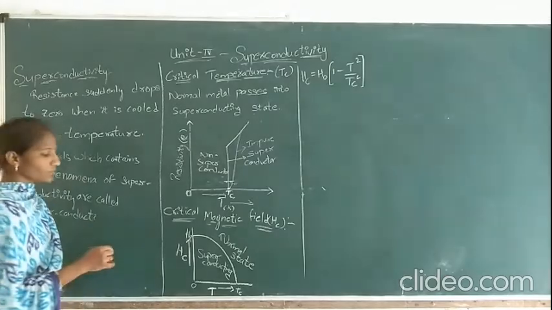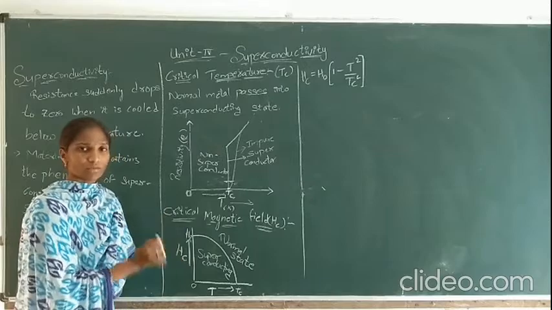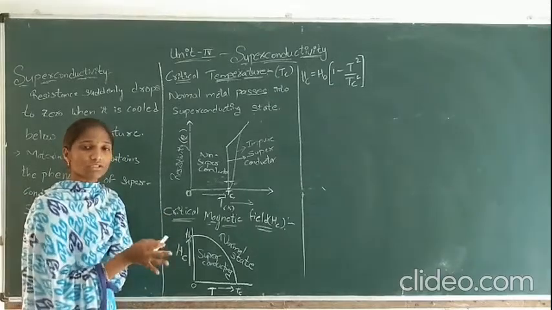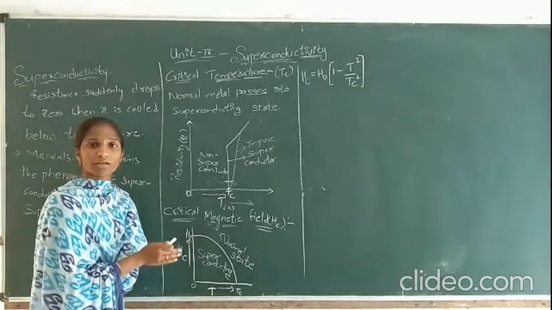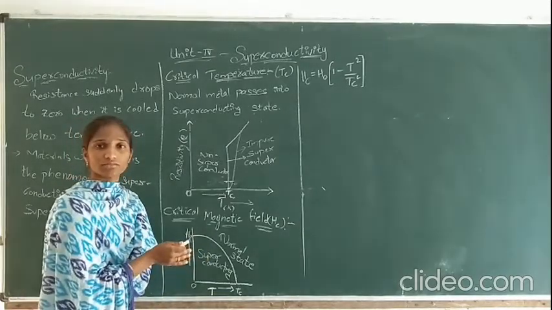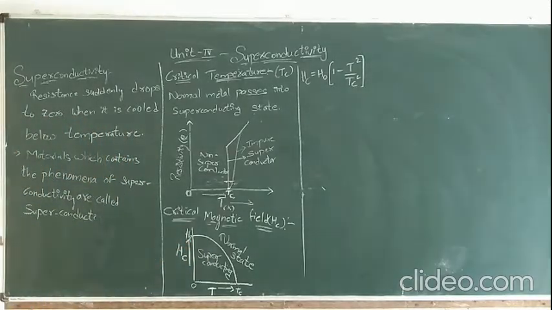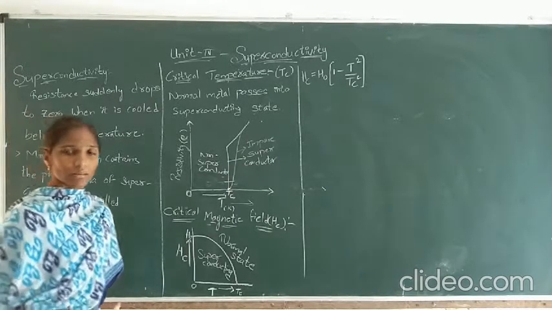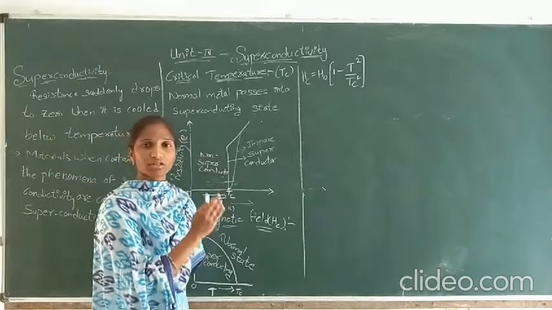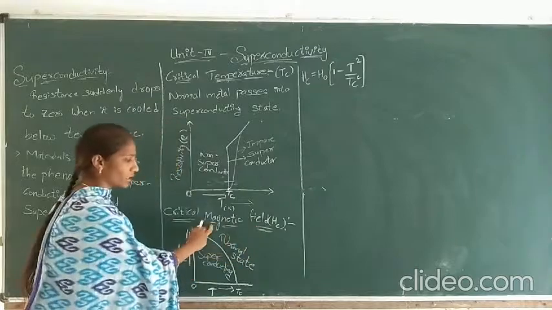The critical magnetic field is the minimum magnetic field required to destroy the superconducting state.